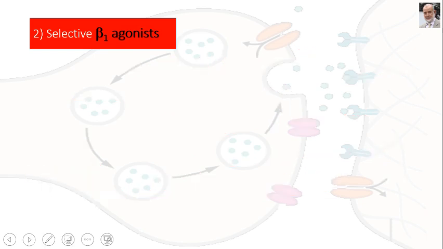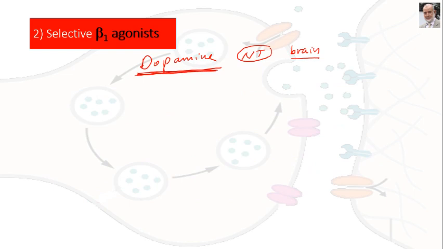The second drug is dopamine. Dopamine acts centrally as a neurotransmitter in the brain, and it has very important clinical application. Dopamine, as we know, is a catecholamine that acts as a direct agonist on beta-1 receptors of the heart.